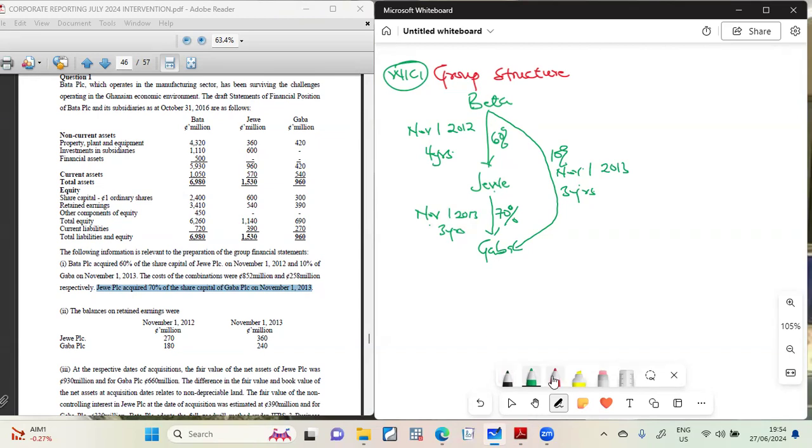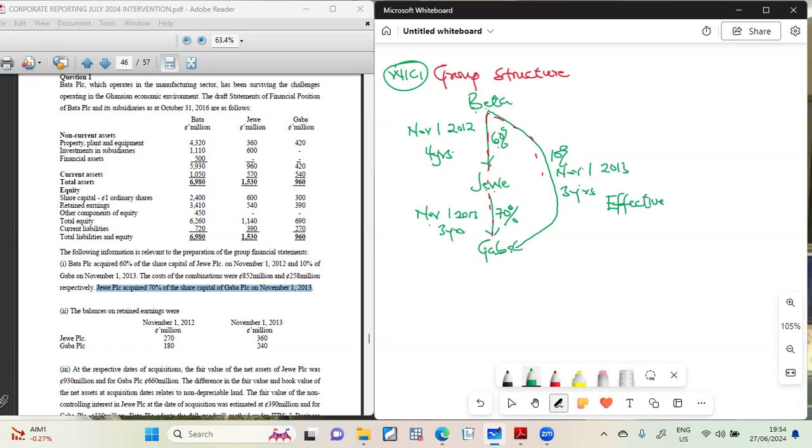Why we call it D shape is because it looks like D. Have you seen it? All right. So in this case, when you are done with your structure, you find your effective control and effective NCI. So effective control, how much control? Of course, as for Better and Jewe, we know it's 60%.